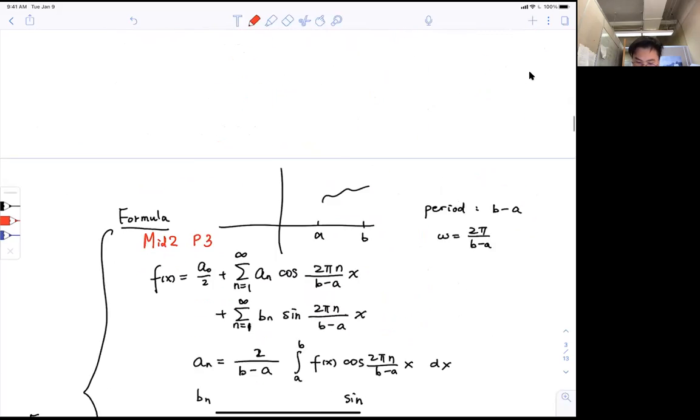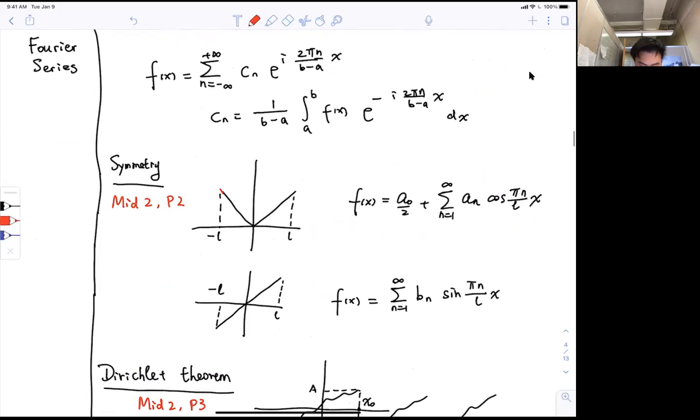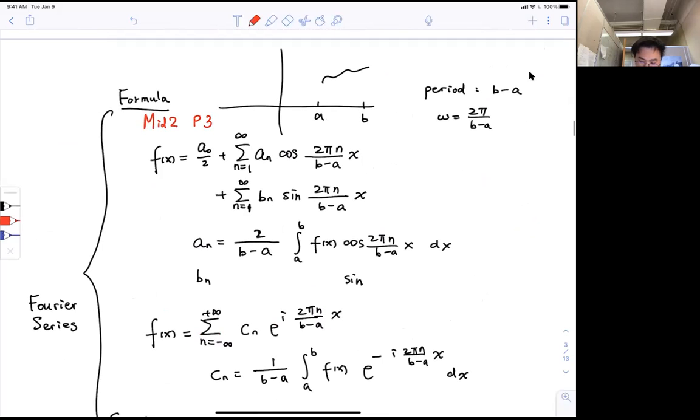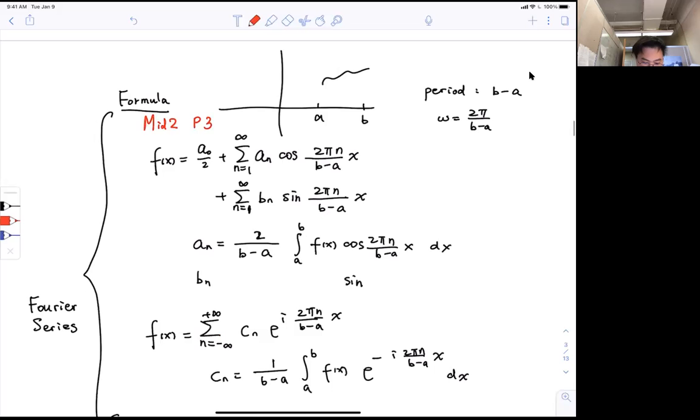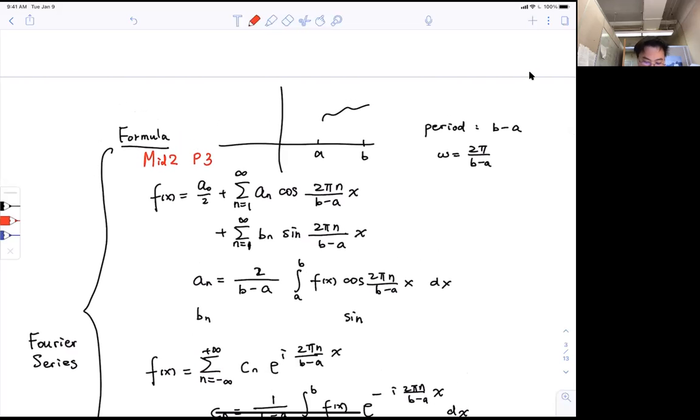The next part is about the Fourier series. I'm pretty sure you are familiar with this part because the midterm 2 was just two weeks ago. For this part, you need to know the formula.